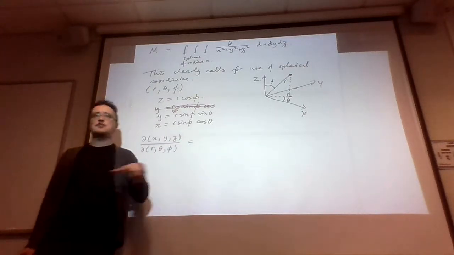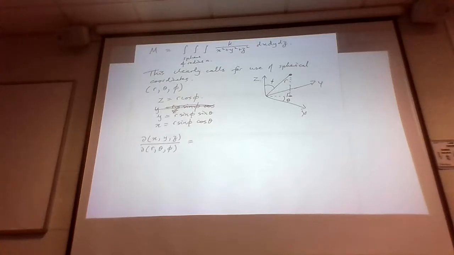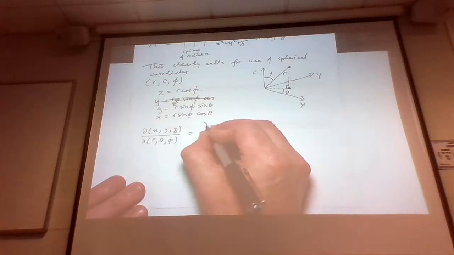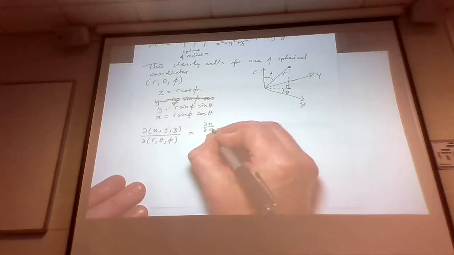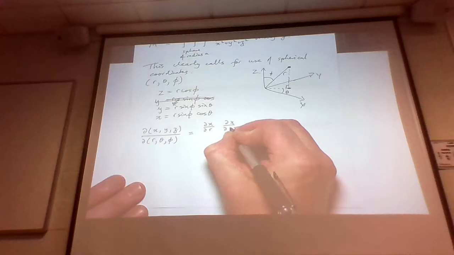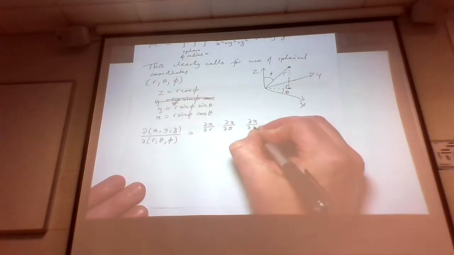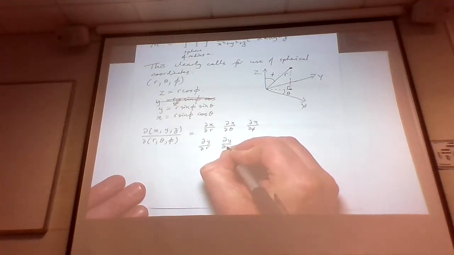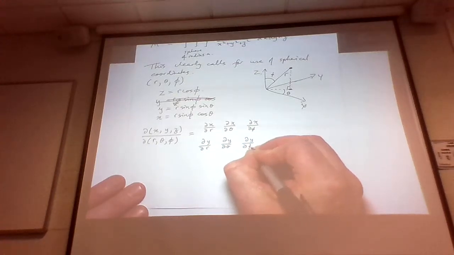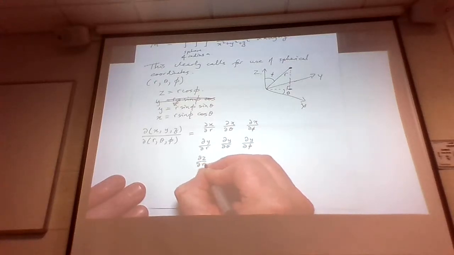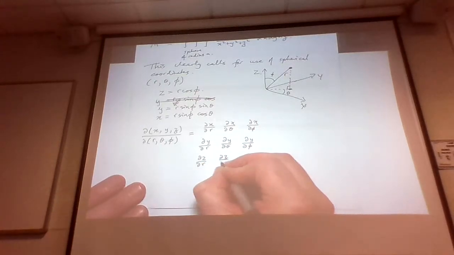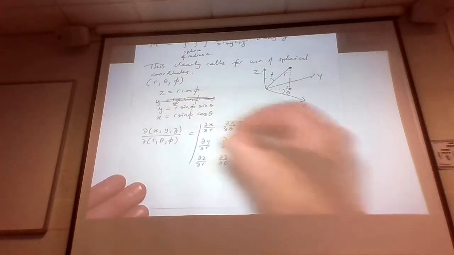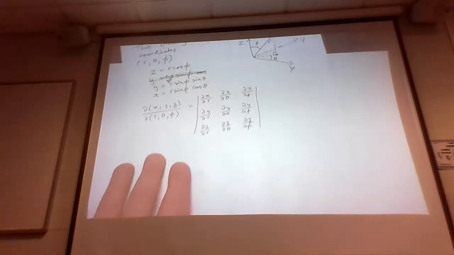So the same definition as before. We've got a row dx dr, dx d theta, dx d phi. We've got a y row, dy dr, dy d theta, dy d phi. And you've got a z row, dz dr, dz d theta, dz d phi. So it's that 3x3 determinant.